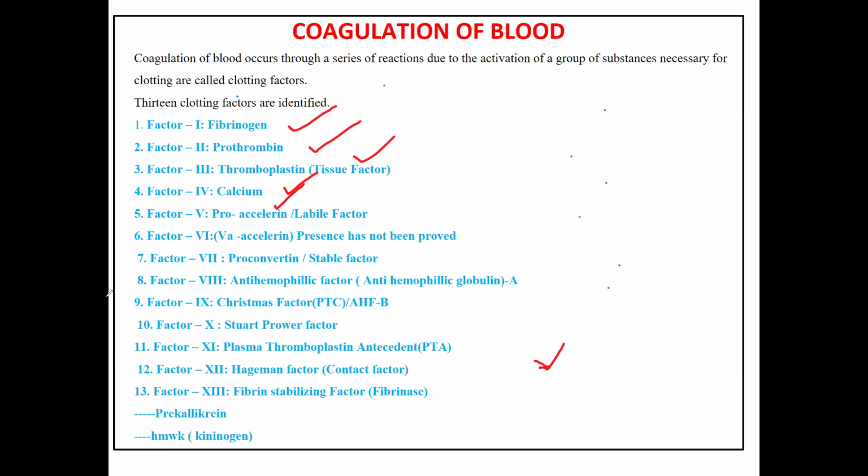So all these 13 factors, including pre-kallikrein and kininogen, participate in blood coagulation.